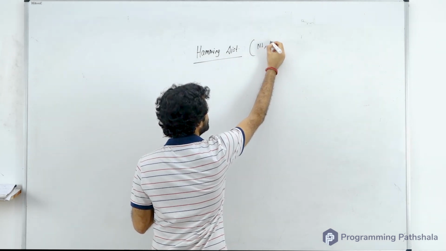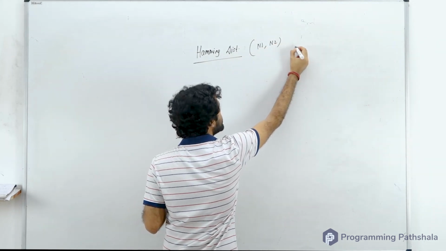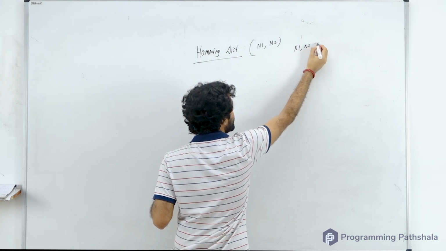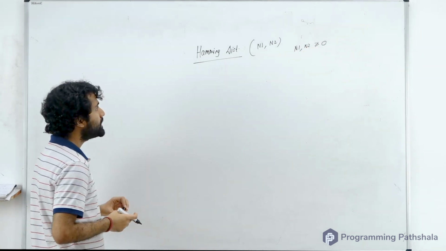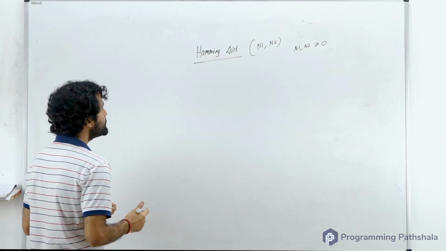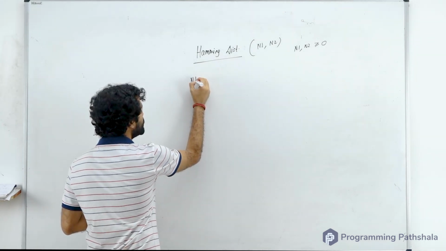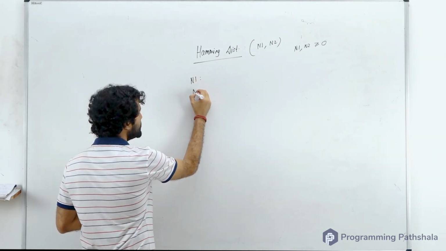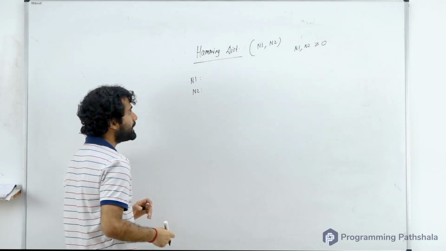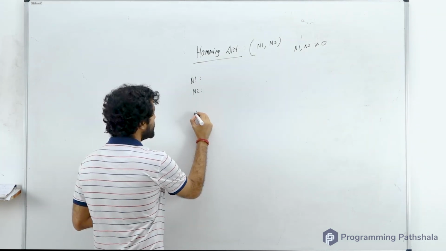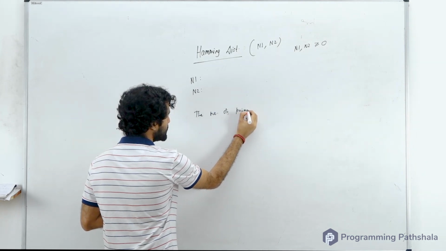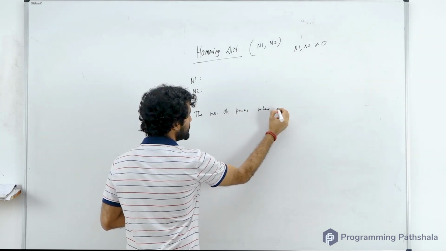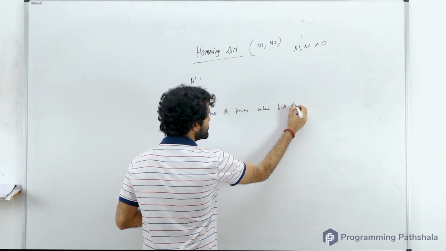n1 and n2. For the sake of simplicity, you can assume that the two numbers are non-negative, okay. And what is the Hamming distance between two numbers? Hamming distance between two numbers means that if I represent n1 in binary form and n2 also in binary form, then the number of positions where bits differ.